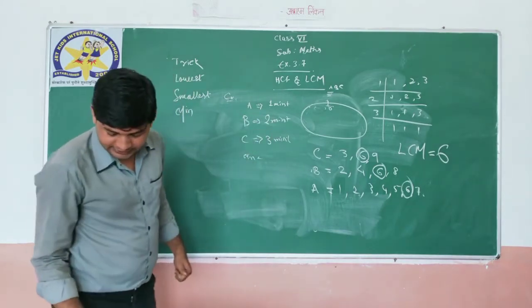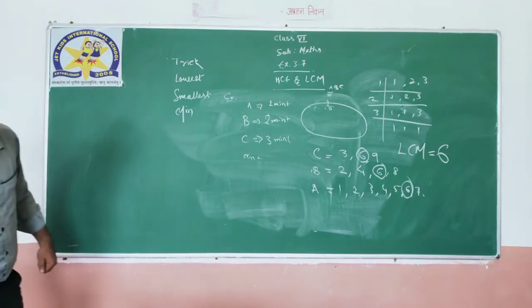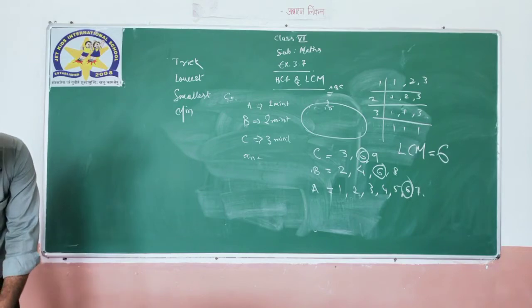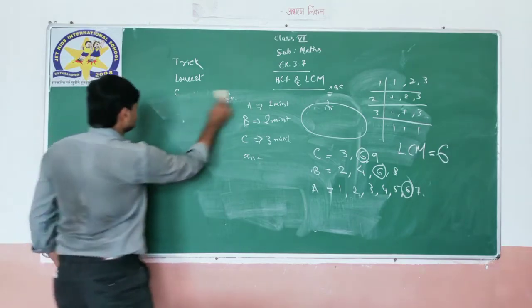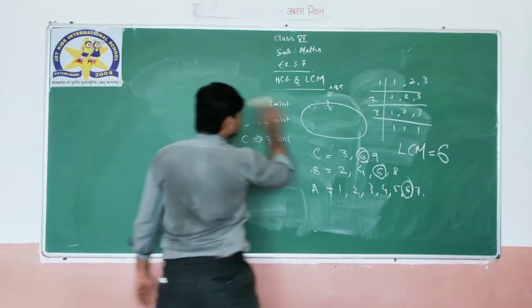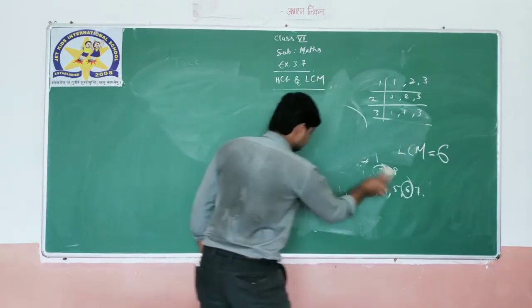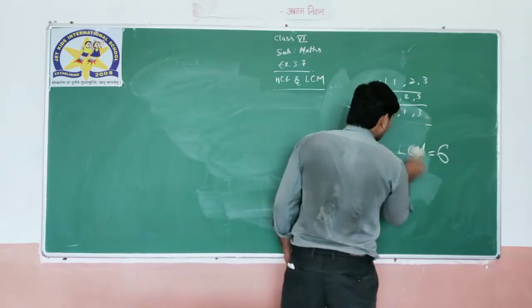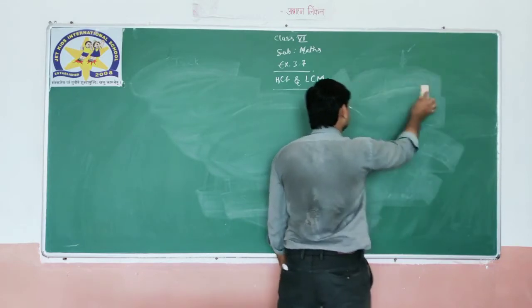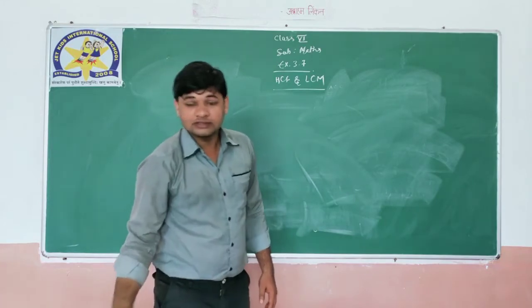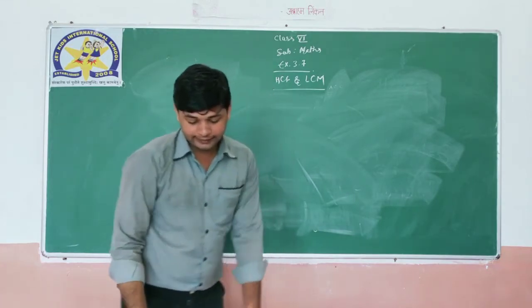Okay, now let us concentrate. Let us start question number 2 of exercise 3.7. Always remember lowest, highest, minimum, smallest, and where to apply them.